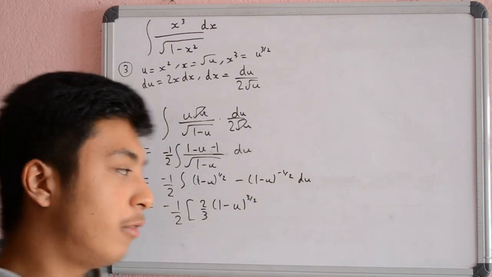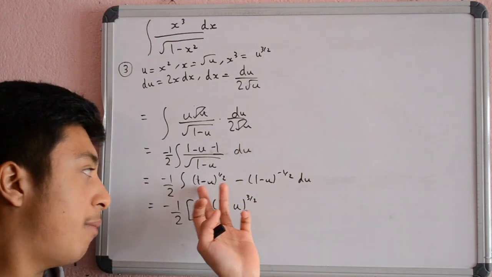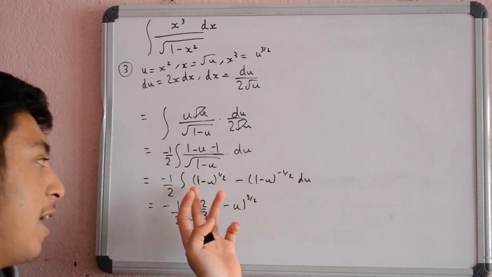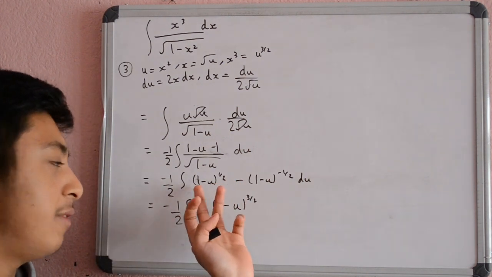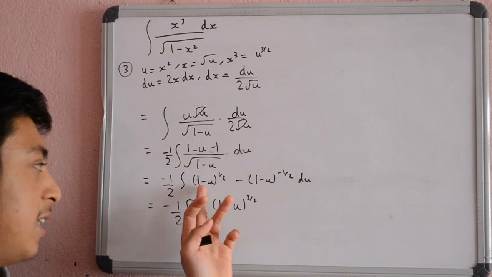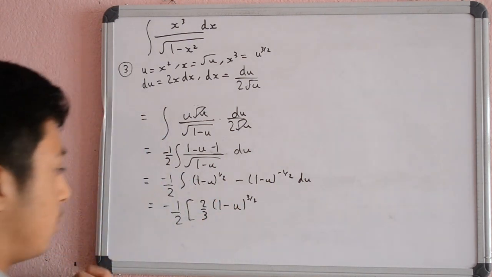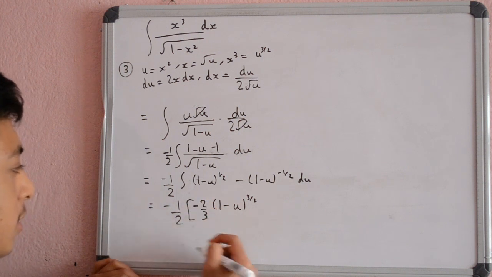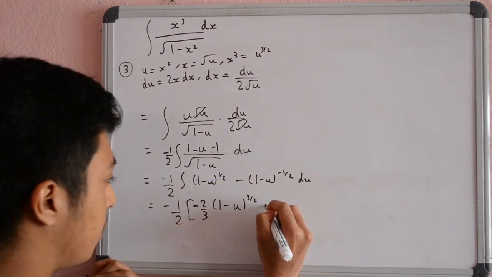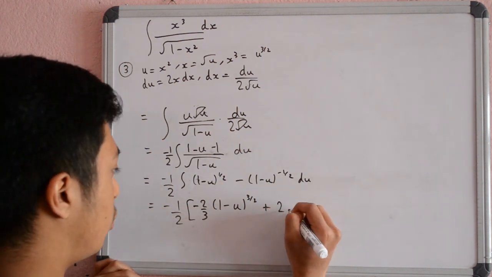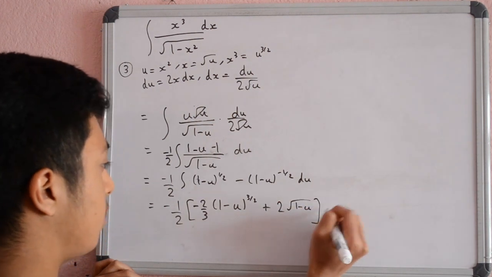But be very careful. You can see we have a minus u over here, and you will have to divide it by minus 1, because that is the coefficient of this u right here. So this will just be minus, and this similarly will be plus 2 root 1 minus u.